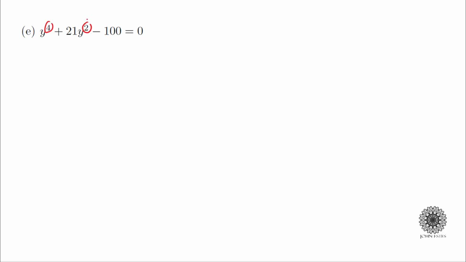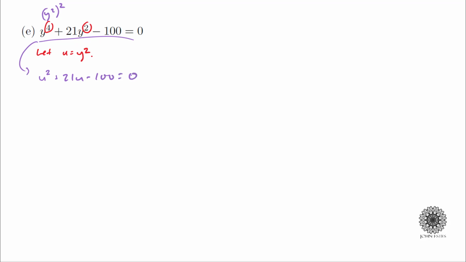you can factor this, because what I could do is say, well look, let's let u be y squared. Okay, if that's the case, then this equation turns into u squared, right? Because y squared squared is y to the 4th. So I get u squared plus 21u minus 100.